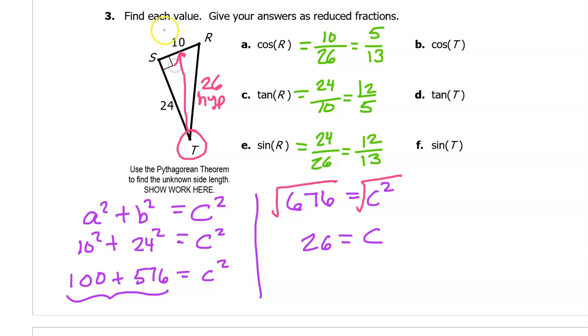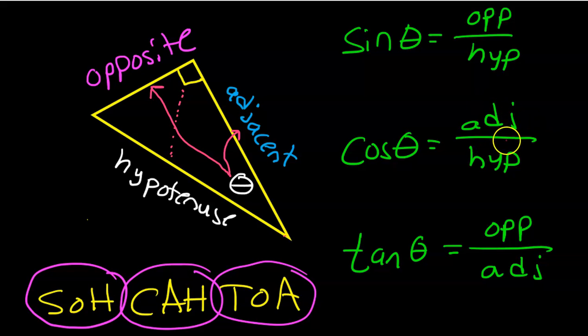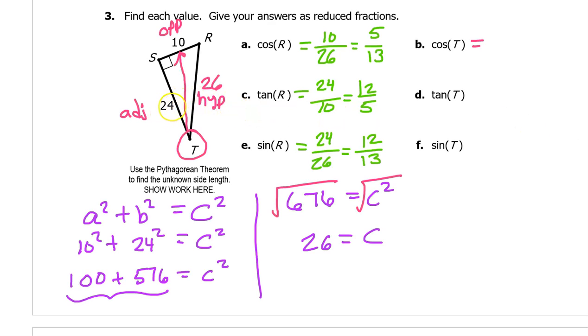That arrow will point at the opposite side. The other side is the adjacent side. So one more time, cosine is adjacent over hypotenuse. So that will be 24 over 26, which reduces to 12 over 13.